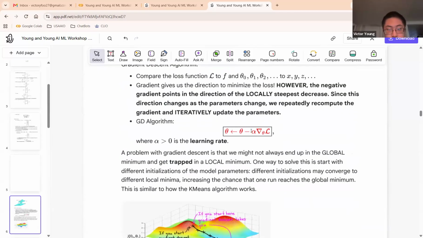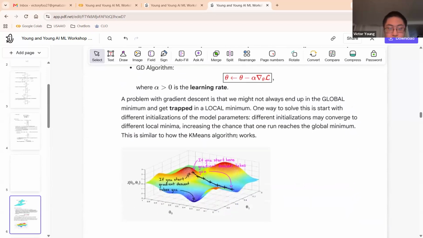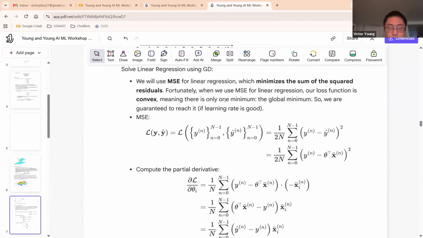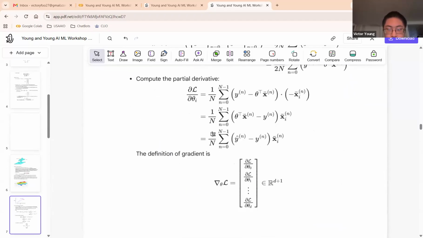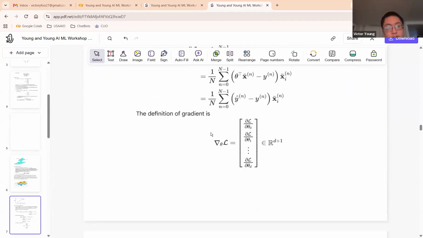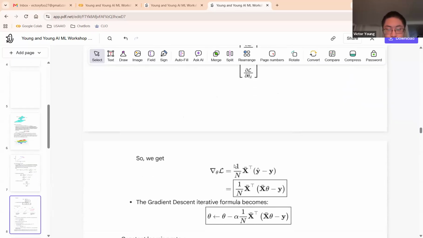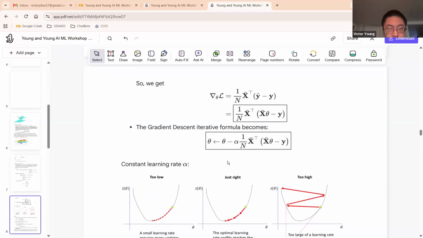And here is the master equation for gradient descent. Let's talk about local minimum and global minimum. And here is some math. If you know AP Calculus, you can derive all of this yourself, but if you do not know AP Calculus, then don't worry about it.